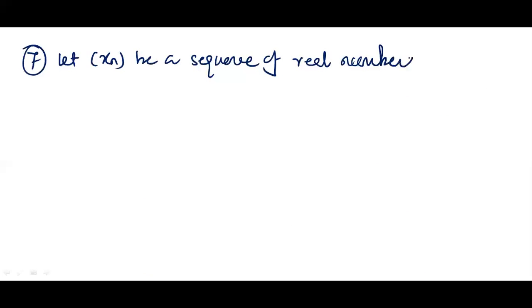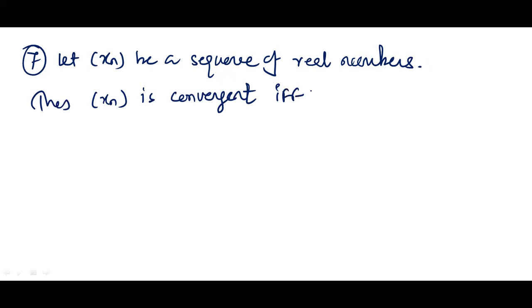Okay. And by combining note number 5 and 6, we can say that let xn be a monotone sequence of real numbers, then xn is convergent if and only if xn is bounded.